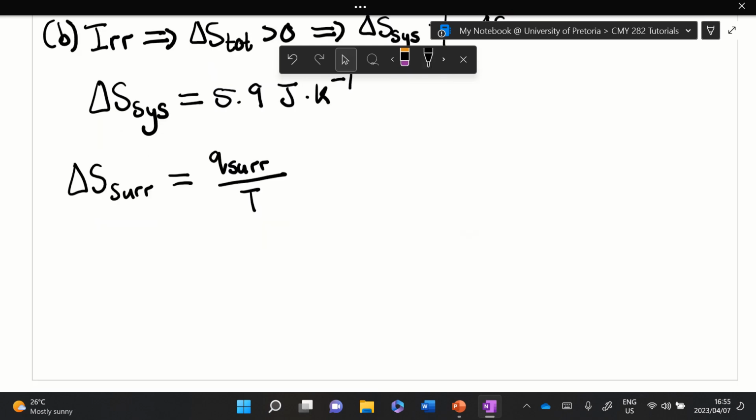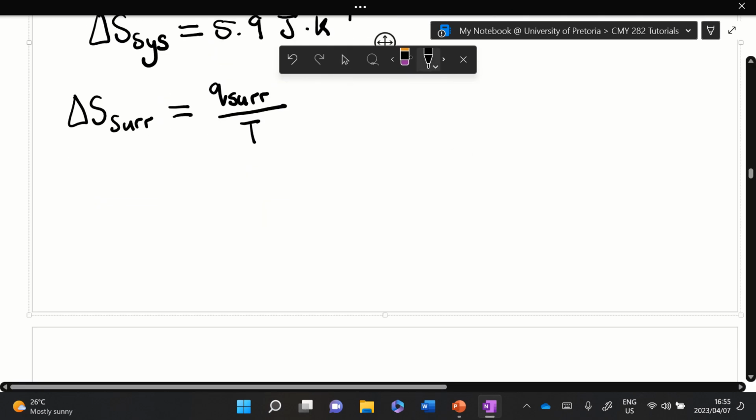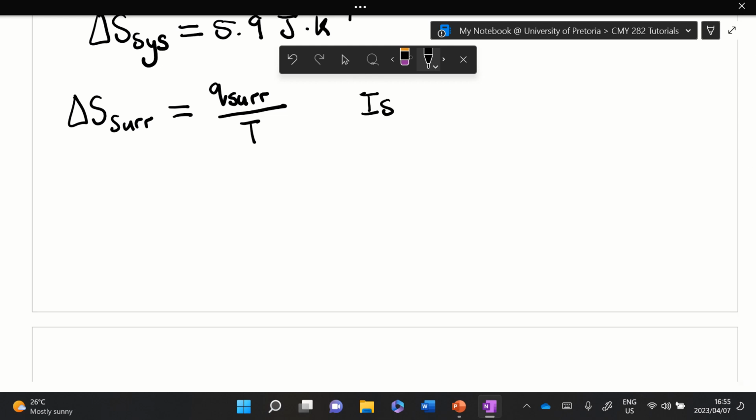But we have an isothermal process. So isothermal, because we need heat, implies that the internal energy change is equal to 0. So in other words, our heat is equal to negative the work.